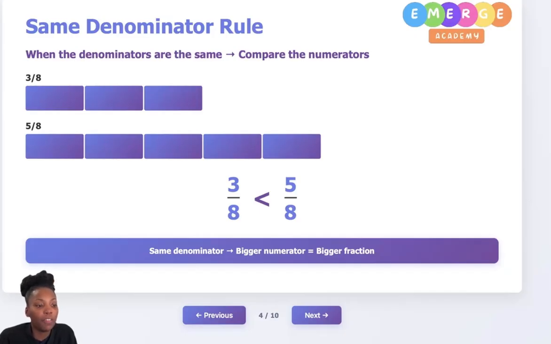We've both got 8 on the denominator, so we look at our numerator, and we're looking for the bigger numerator, which is 5. So we know that this fraction here is the biggest fraction. So we can easily say that 3/8 is less than 5/8.